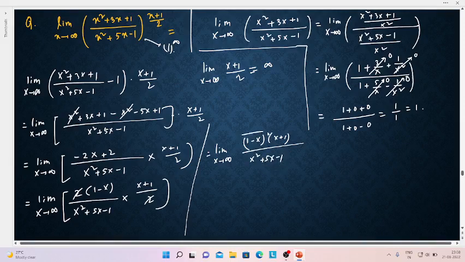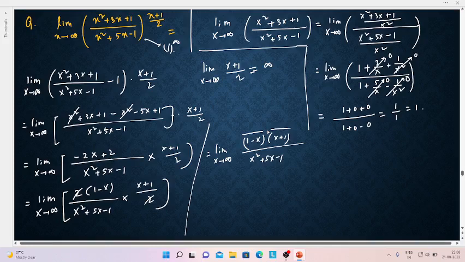Here you can see this is a linear function, this is also a linear function, but when you multiply them it becomes a quadratic expression. So the highest degree variable of the numerator is x², and the highest degree variable of the denominator is also x².